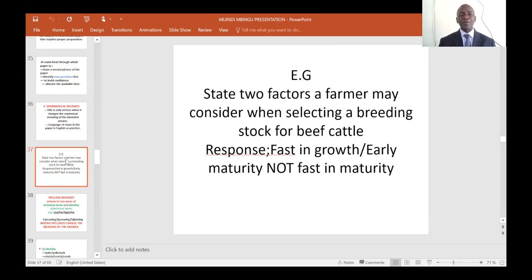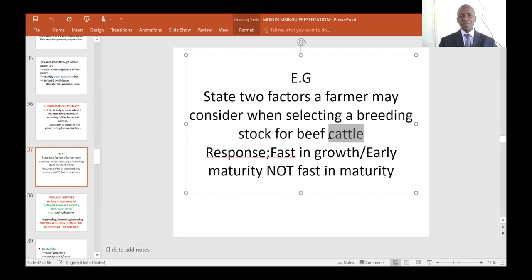Once again, one of the responses has got to do with the growth rate. The question is on beef cattle, as you can see. So growth rate is key in selecting a breeding stock for beef cattle. But how do we frame that answer? How do we put it?